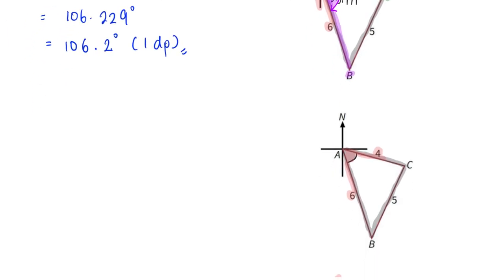For the bearing of B from C, this means I will need to draw the north arrow at point C. BC would be the ending line. So the bearing we are talking about now becomes this.